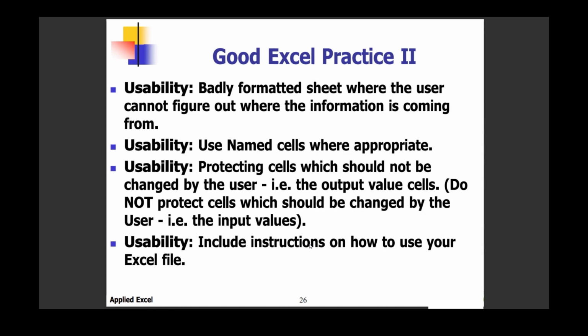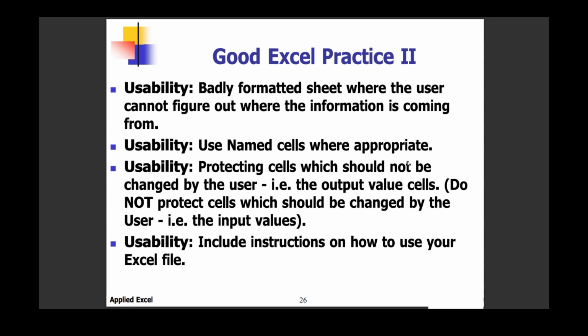Then also ensure the worksheet is usable. This talks about usability. This just ensures that other people that are trying to look into your work file, look into your worksheets, can easily understand what you are trying to do and what you are trying to achieve.